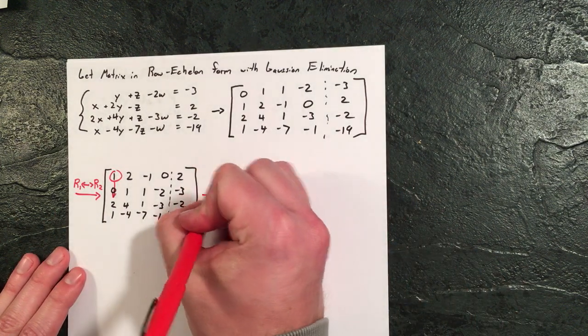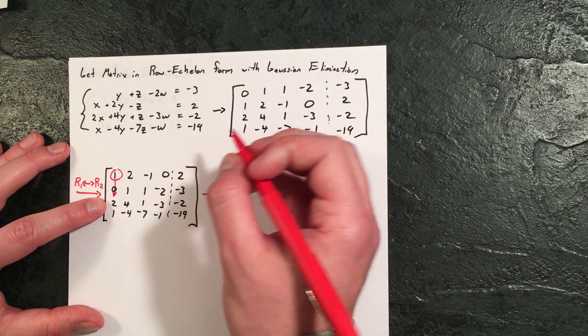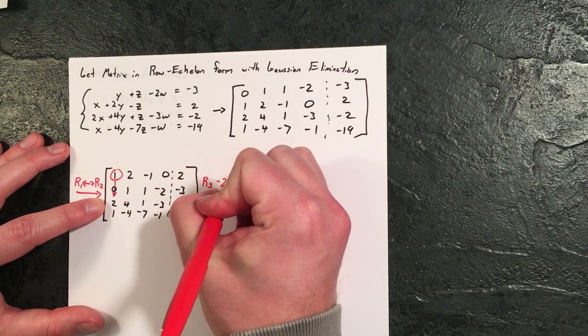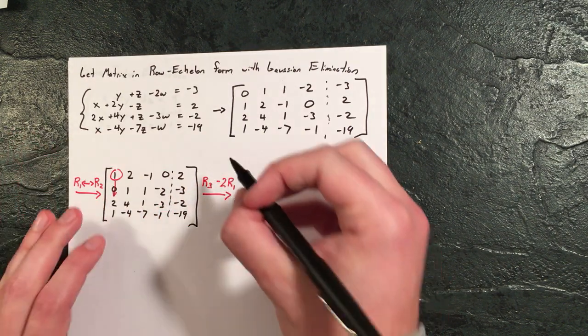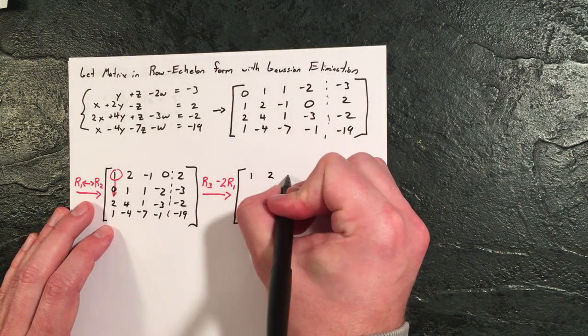So the best way to do this, we want to change row 3 here. So since I want to change row 3, row 3 minus 2 times row 1. Since I like the first two rows, I can keep those the same.